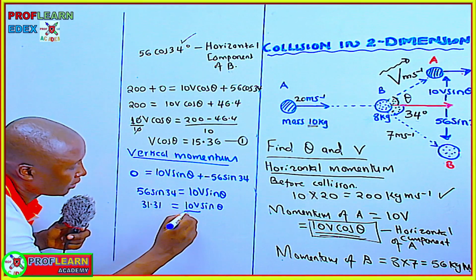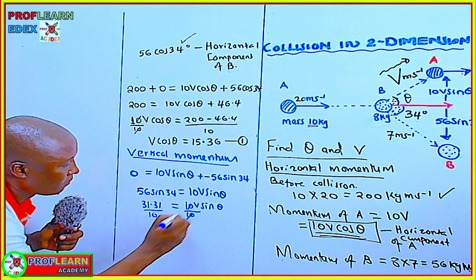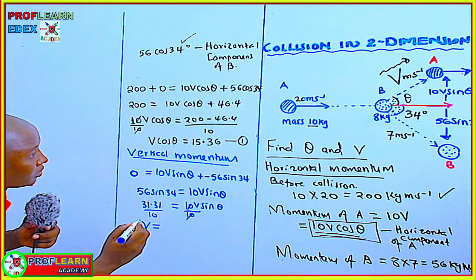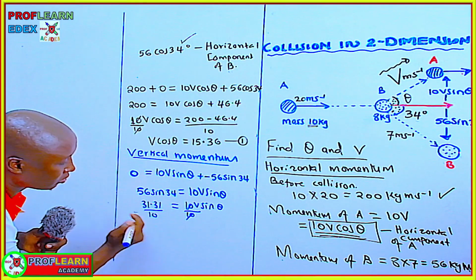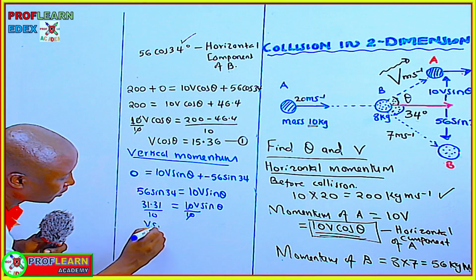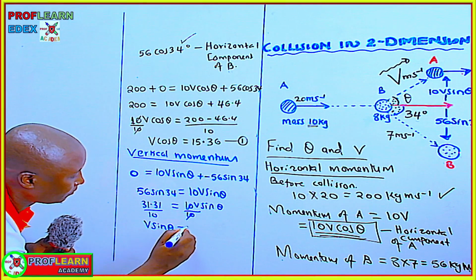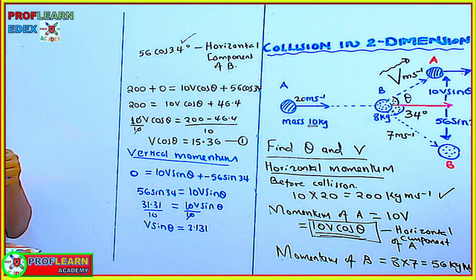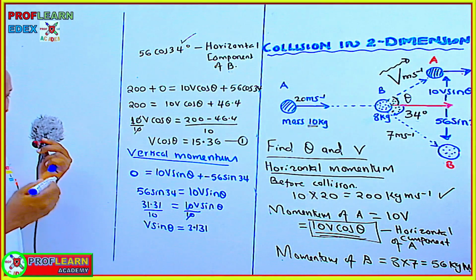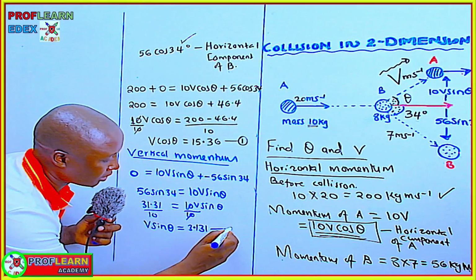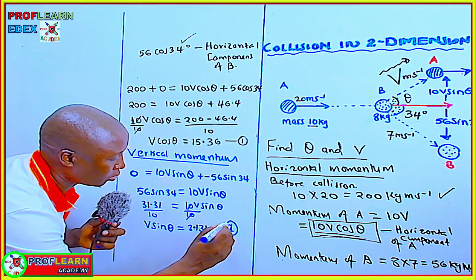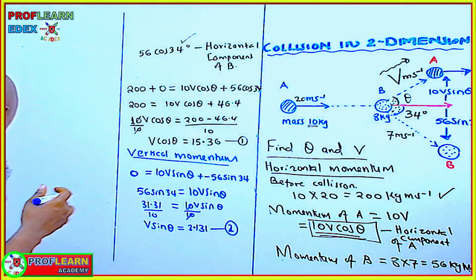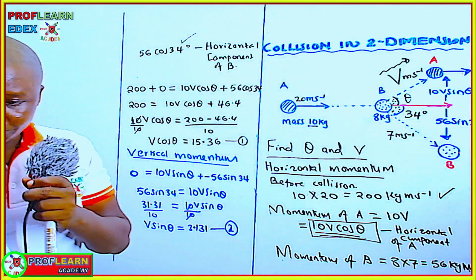So we can divide by 10, and we shall end up having, not v, but v sine theta equals 3.131 at that point. And now we can say this is our equation number 2. So we had gotten equation number 1, and we have our beautiful equation number 2.